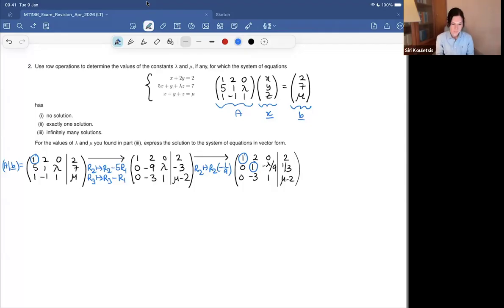And now, like I said, for the analysis part, it's enough to have zeros below the main diagonal. So nothing wrong with making this 2 into a 0 as well, but I won't do it now. I'm just going to deal with this -3 here.